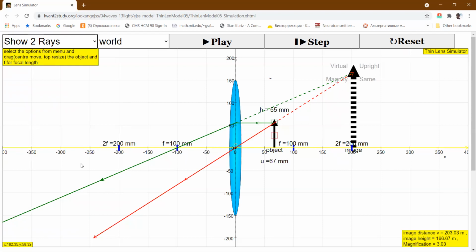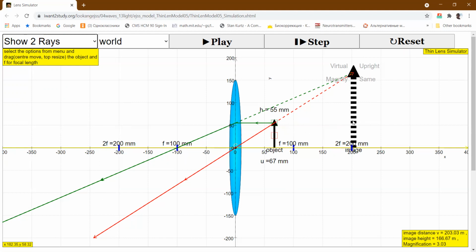If you look from this side on the picture, you are going to see the green ray going away from the red one. Your brain is going to continue these rays and intersect them somewhere over here and create a virtual image. So in nature, there is nothing. Light does not intersect here.